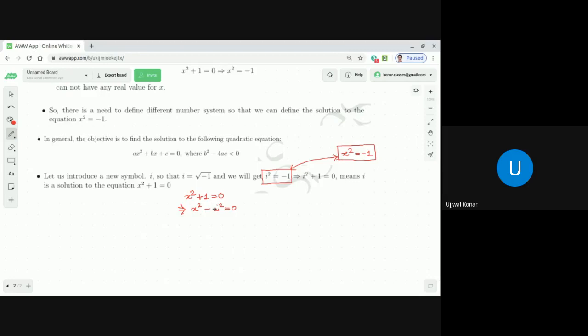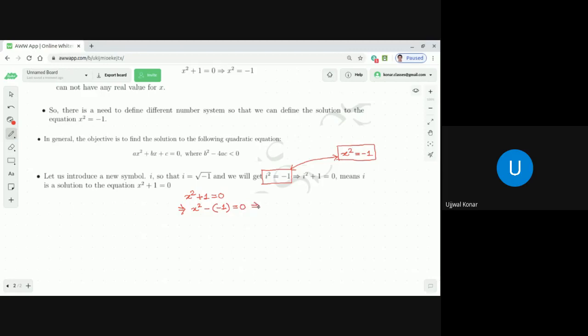Because i square is equal to what? i square equal to -1. So minus of i square should be +1, correct? So if I write one more step, I can write x square minus of -1 equal to 0.